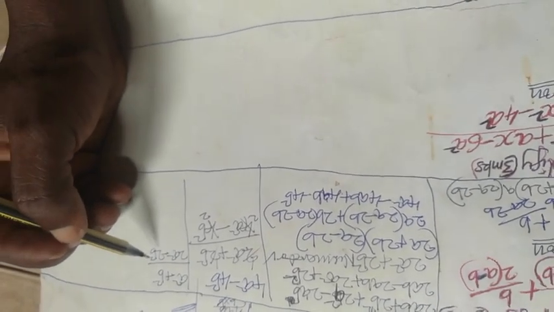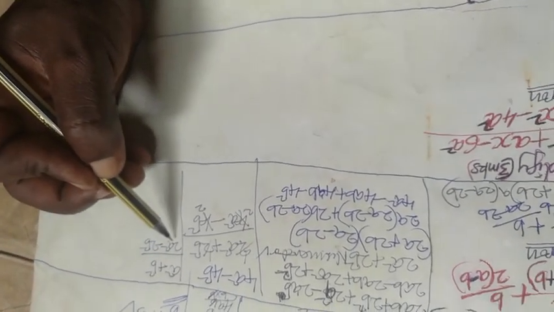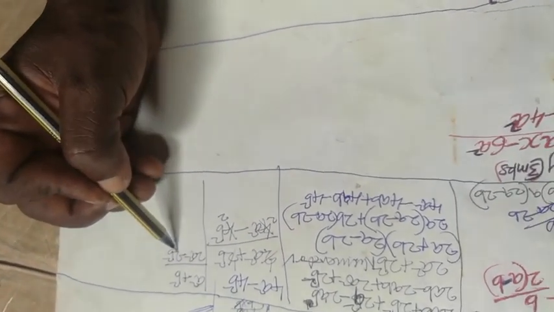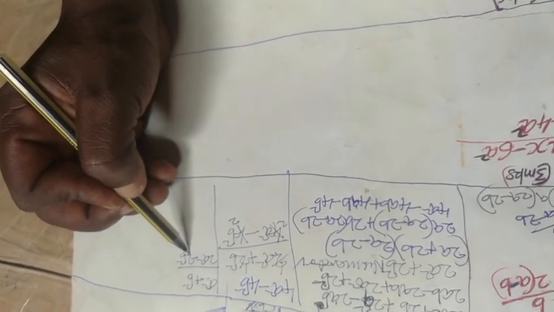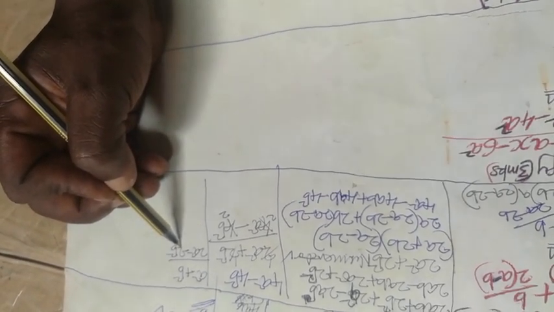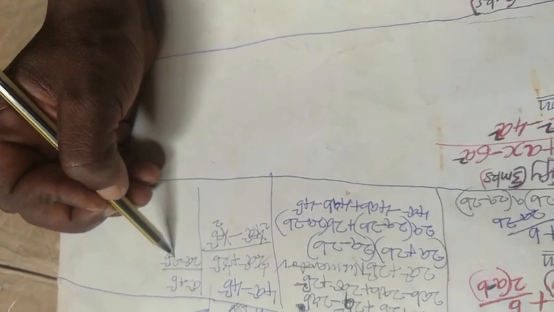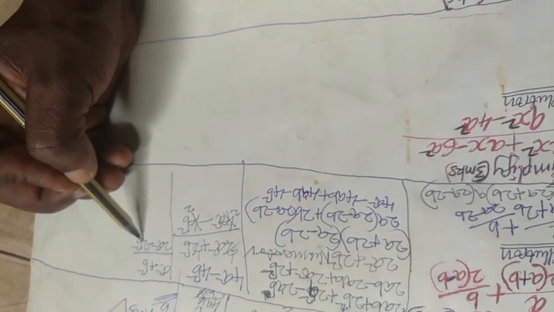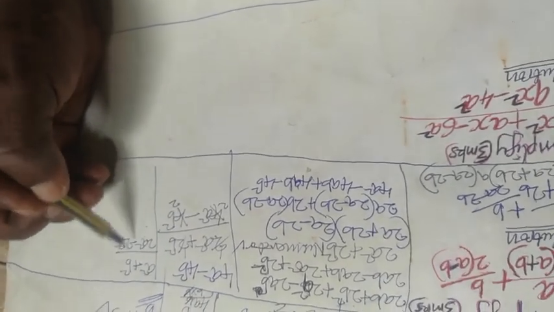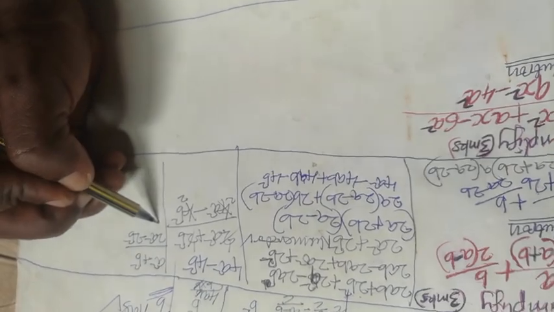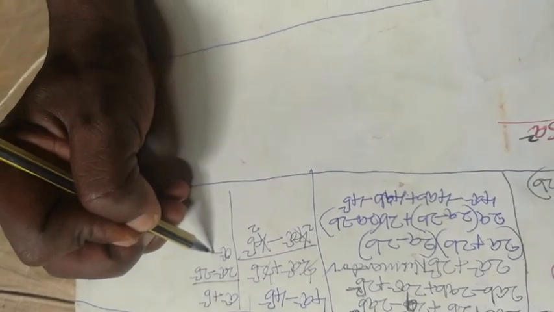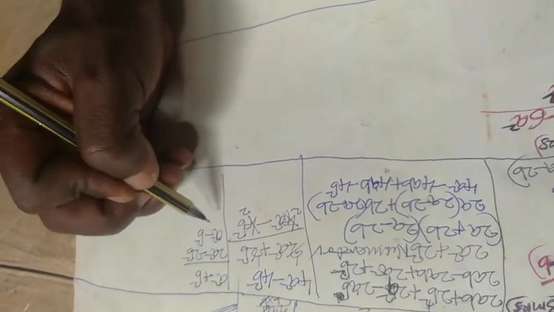Note that you can't subtract here, because a squared and b squared are different. 2a squared and 2b squared are different. This is not really the final answer, but we say a squared plus b squared over 2.